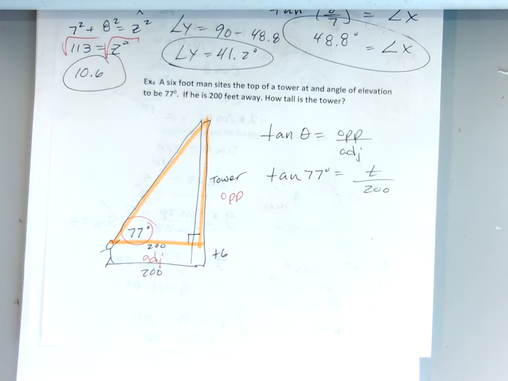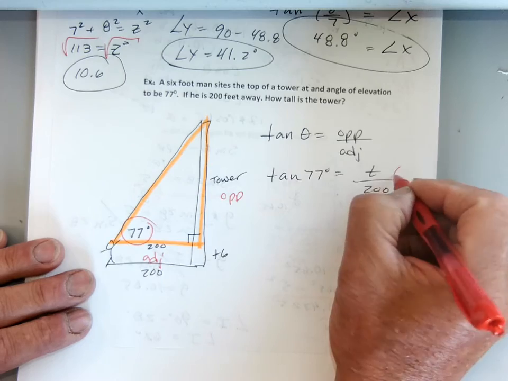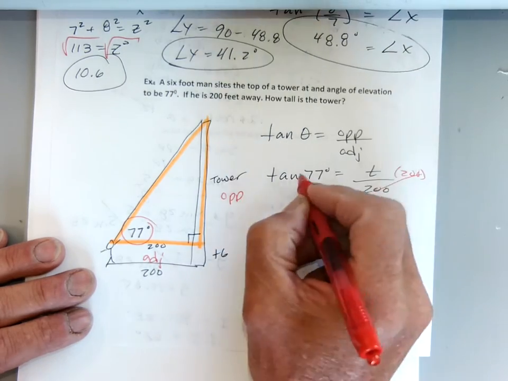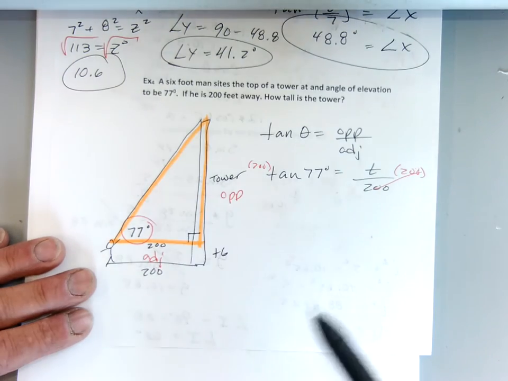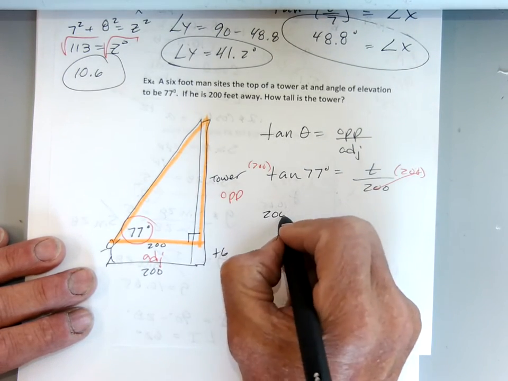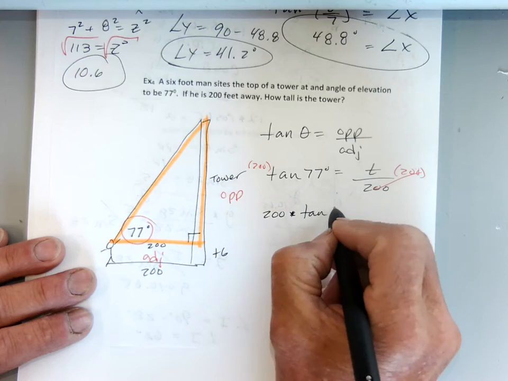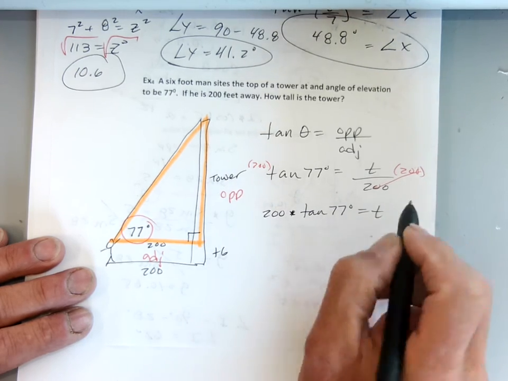And now, just going to multiply up by 200, and I'll have 200 times the tangent of 77 degrees equals t.